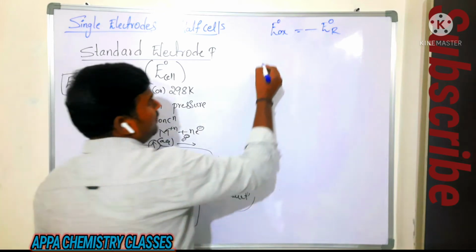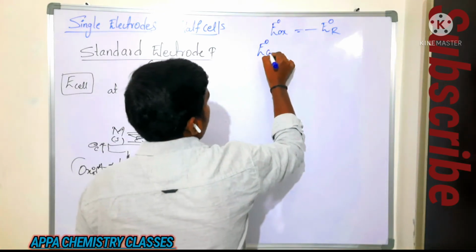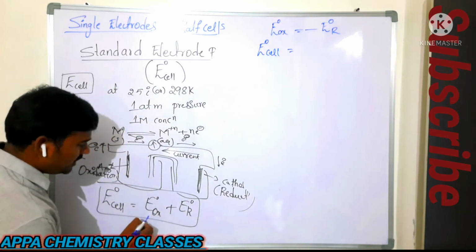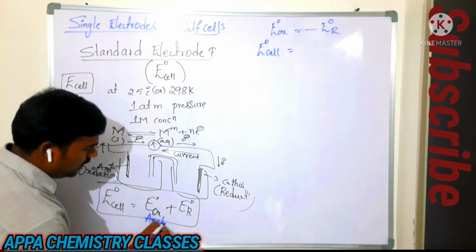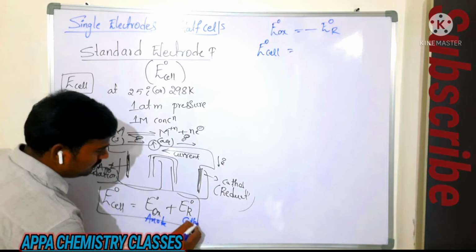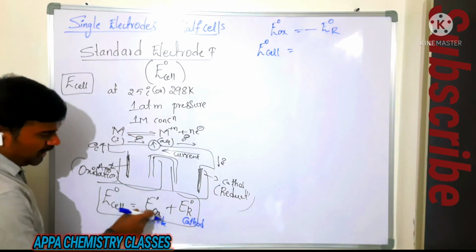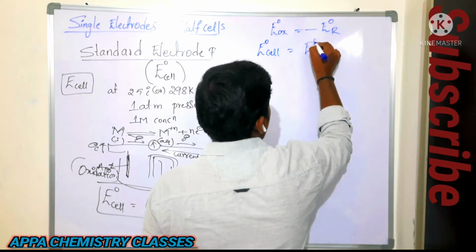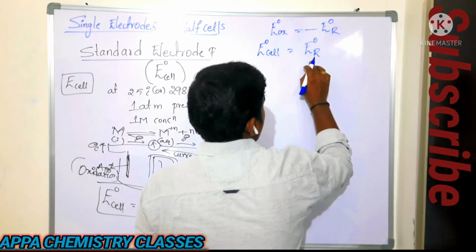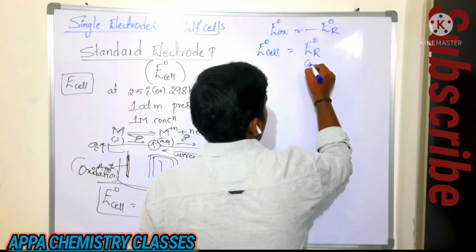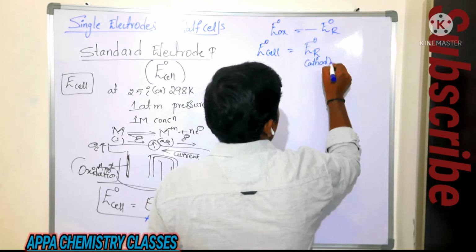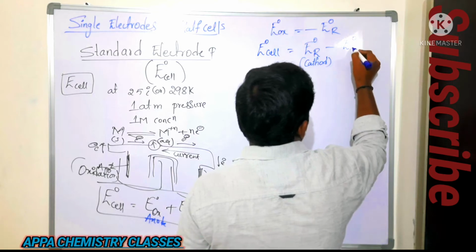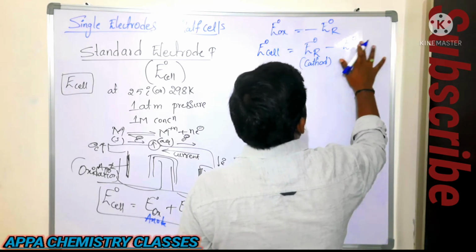Then E0 cell becomes minus value. So we can take it as the reduction potential at the cathode minus the reduction potential at the anode.